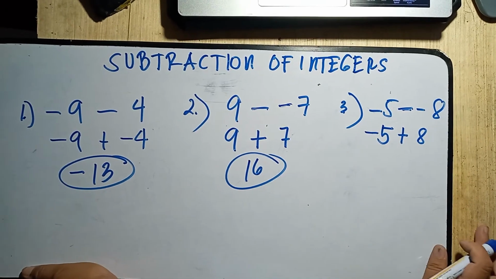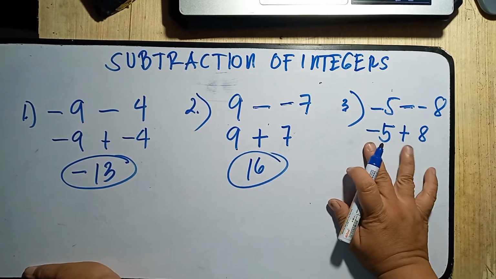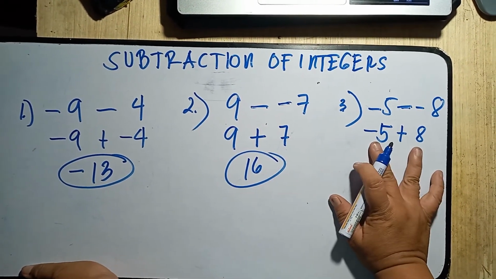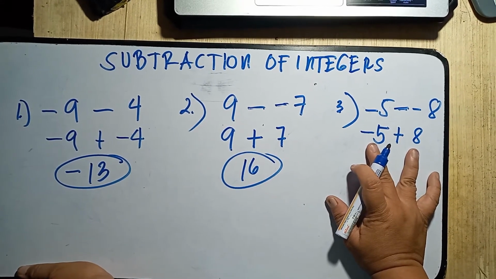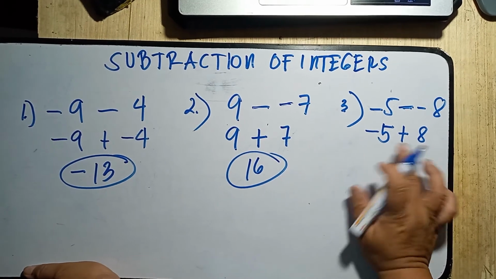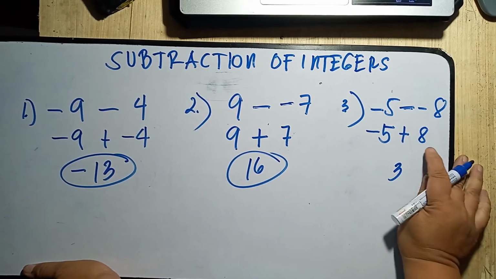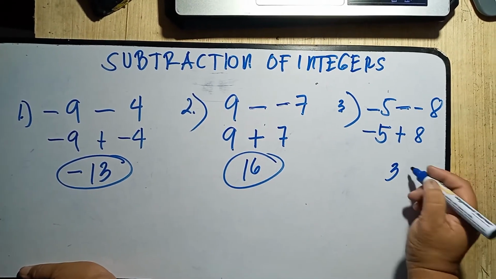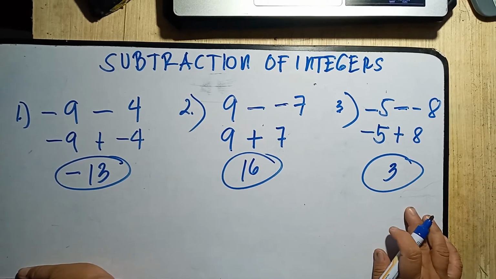Then, follow the rule in addition. We are now adding 2 integers having different sign. So, all we have to do is to subtract their absolute values. 8 minus 5 is 3. Then, we get the sign of the number with bigger absolute value, positive.